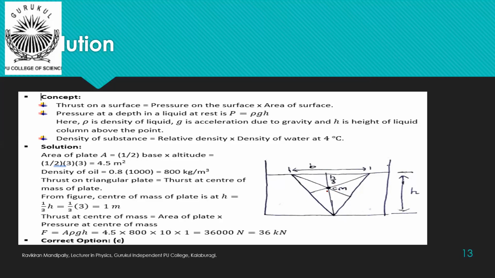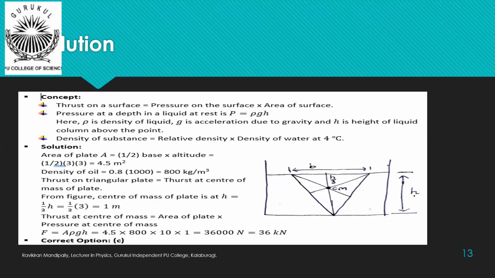So for that, first of all, we should know the position of the center of mass, and I hope all of you know that in the case of a triangle, the center of mass lies at the centroid. That is why this is the position of the centroid, which will be at a height of h by 3 from this base. Here h is already given for us.